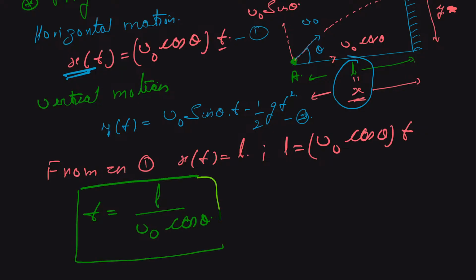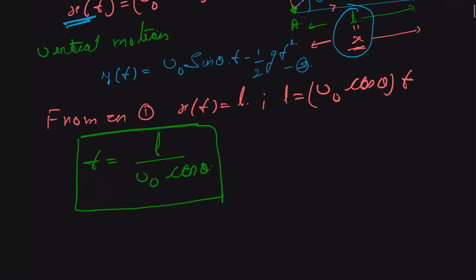During this time t, it is going to travel horizontally as well as in the vertical direction. And now we are going to substitute this value of t in our equation number 2.